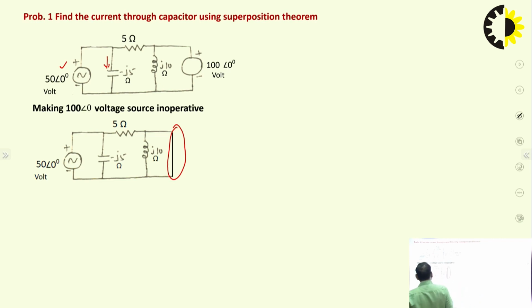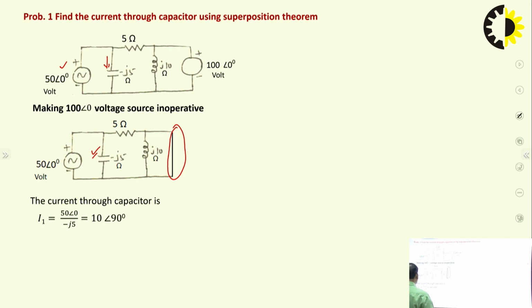In this case we have to find the current through this capacitor. We can see that this 50 angle 0 degree voltage source is applied across it, so the voltage across this capacitive reactance is 50. Simply, we can apply Ohm's law and find the current through the capacitor.